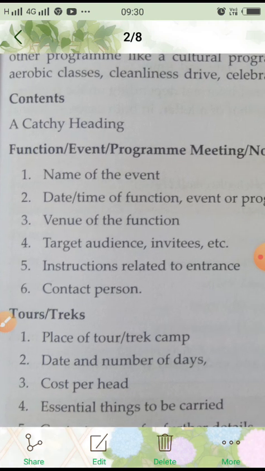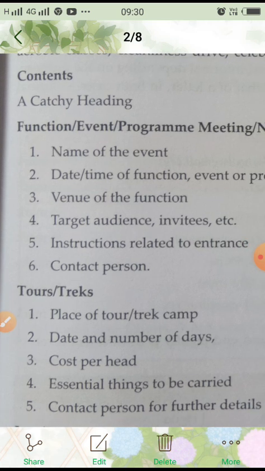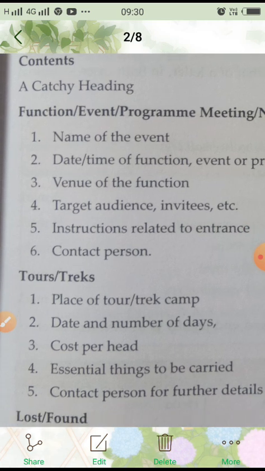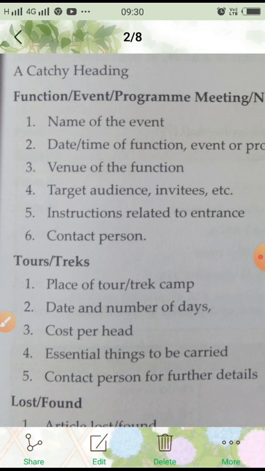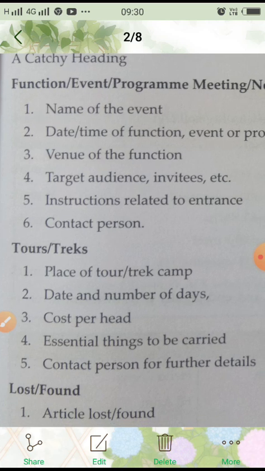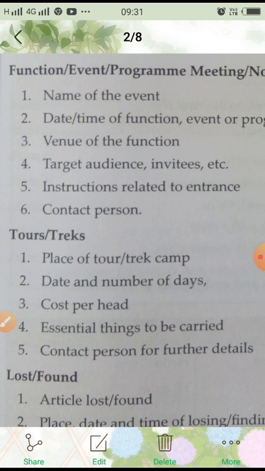And then the fourth point is target audience or invitees, etc. Now what is this target audience or invitees? That is, for whom you are writing this notice, to whom you want to give the information mentioned in the notice.